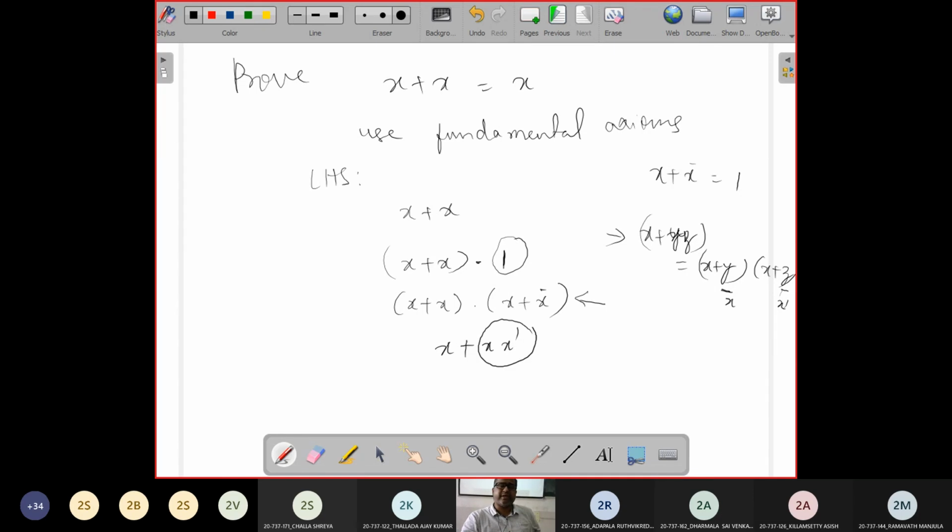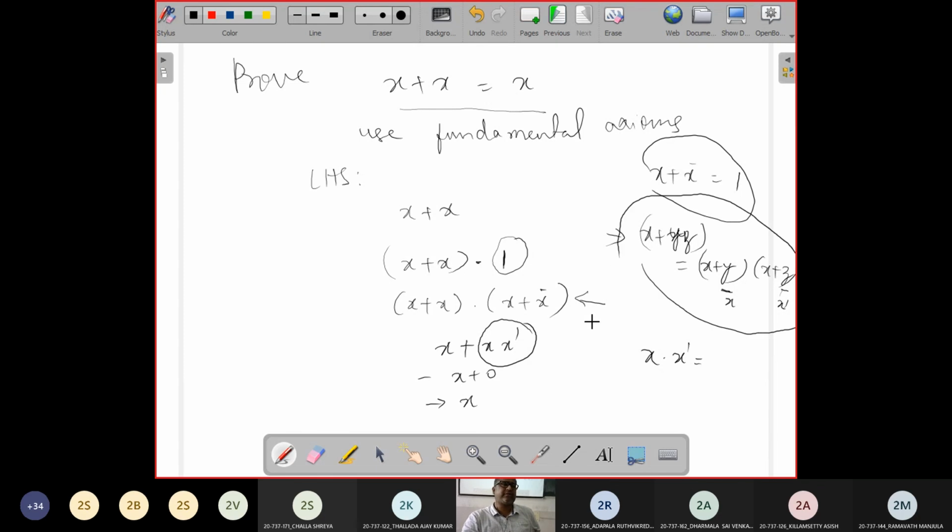But what is this from the fundamental axioms? x into x complement is always equal to 0. So this becomes x plus 0. And what is x plus 0? x. x logically ORed with 0 will be equal to x. So this is how you can prove this statement using the fundamental axioms and the distributive property.